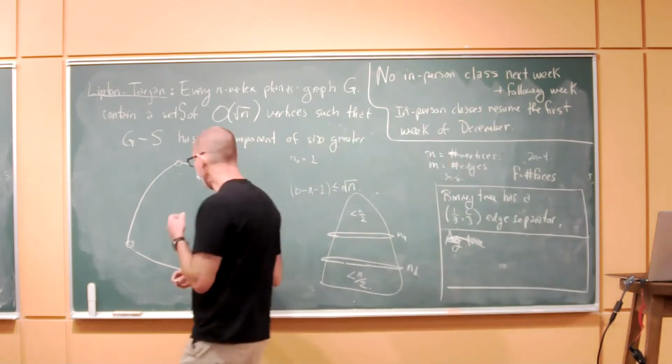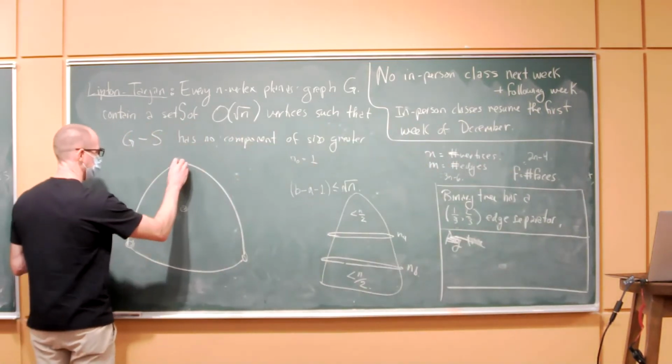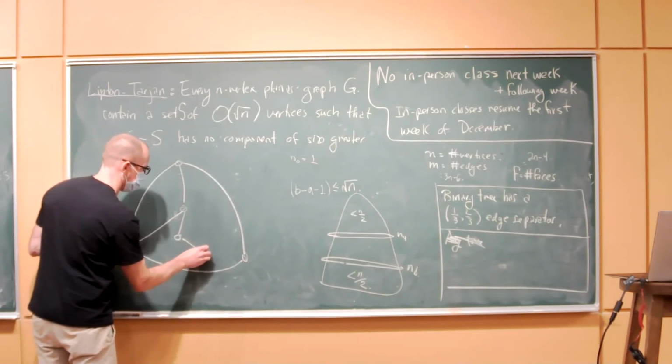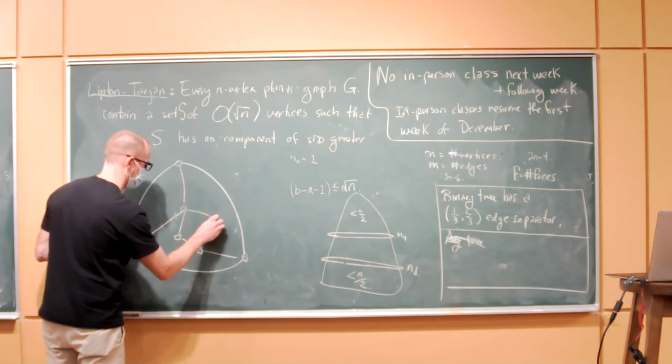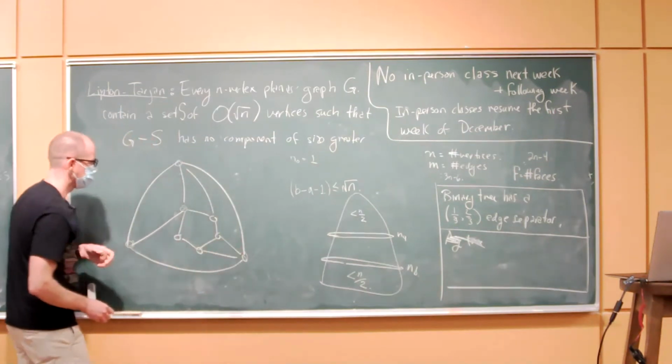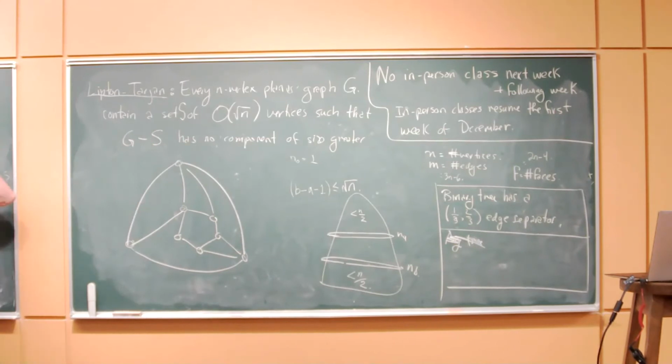And if you have a planar graph that doesn't have as many edges as possible, I don't know, what does that mean? Maybe it's a graph that looks like this. Does it have the maximum number of possible edges?